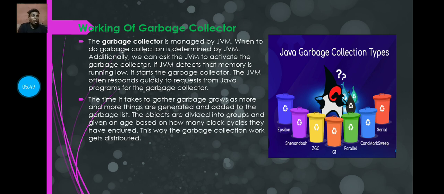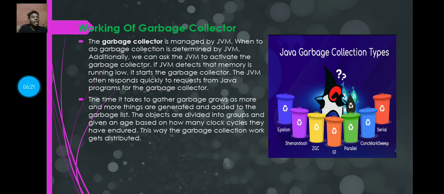Now, the working of the garbage collector. The garbage collector is managed by the JVM. When to do garbage collection is determined by the JVM. Additionally, we can ask the JVM to activate the garbage collector. If the JVM detects that memory is running low, it starts the garbage collector. The JVM often responds quickly to requests from Java programs for the garbage collector.